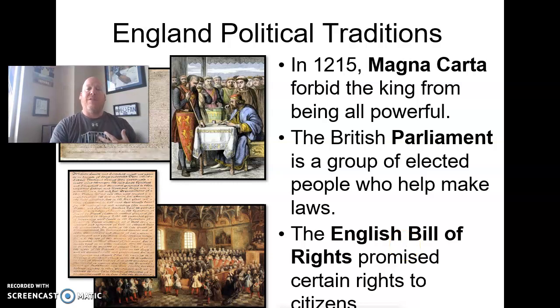We have the Bill of Rights here in the United States. England had one as well, and it was basically a document that listed out the specific rights that Englishmen had. Okay, so this whole idea of representative government, democratic style government, is not unique to the United States. It's not unique to America.